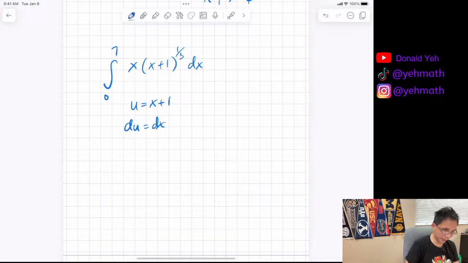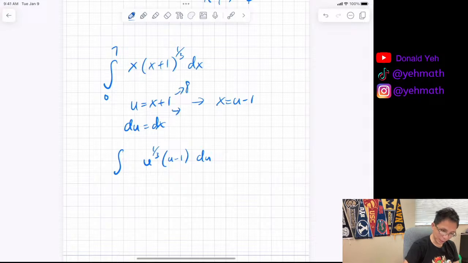Okay, du equals dx. So this is u to the 1/3 du. Now x is equal to u minus 1. So it'll be u minus 1 du, and the boundary is going to switch.